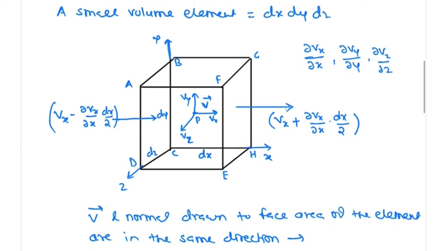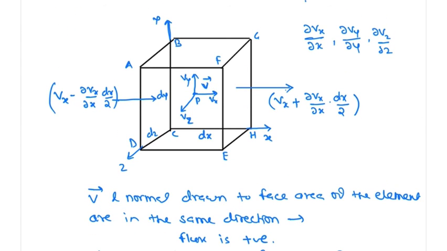For that purpose, firstly we calculate the magnitude of the vector along the x-axis if the flow is taken along the positive x direction as well as negative, that is, if the flux is flowing into the element as well as out through the element.